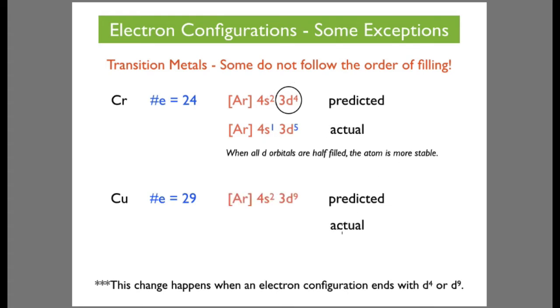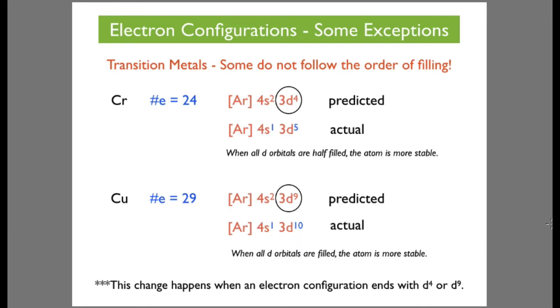Copper, 29 electrons, and so the valence electrons are drawn here. We'd have, or we predict to have, 2 electrons in 4s and 9 in 3d. However, once again, we get an electron skipping along to fill the 3d, leaving the 4s with one electron.